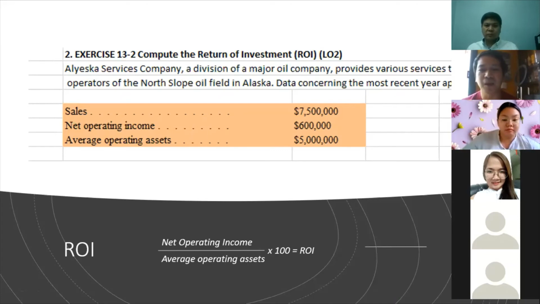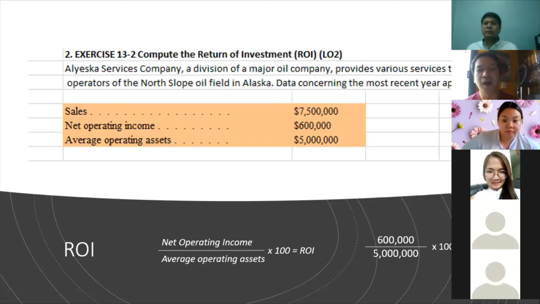So the net operating income is $600,000, then the average operating assets is $5 million. So the answer, times 100, is 12%.